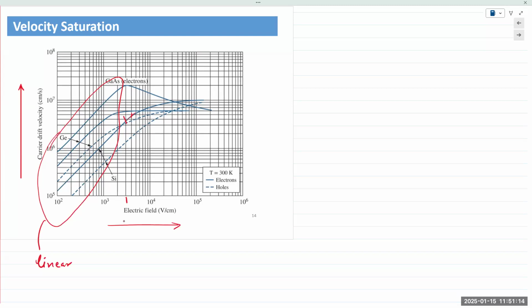If the response slows down, now if an input is applied and the input is switched or changed, then the response time cannot keep up with that change in the input. Input changes in AC. In AC signals, the input changes constantly.